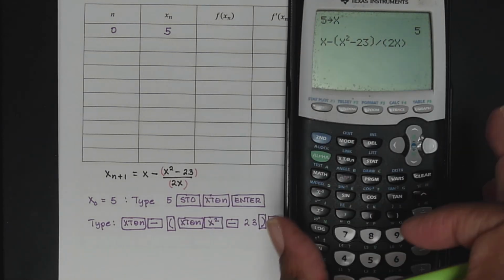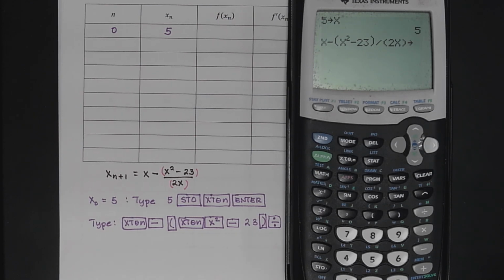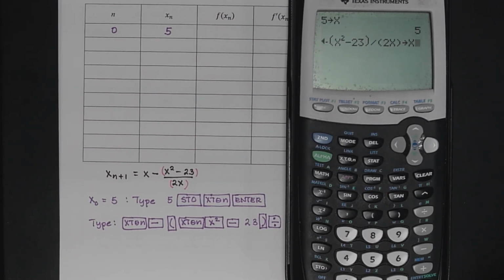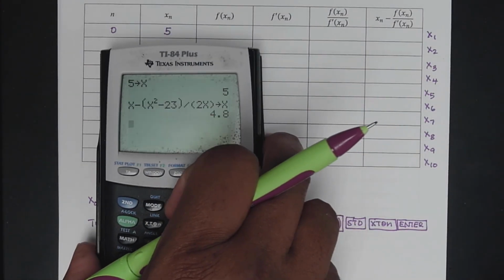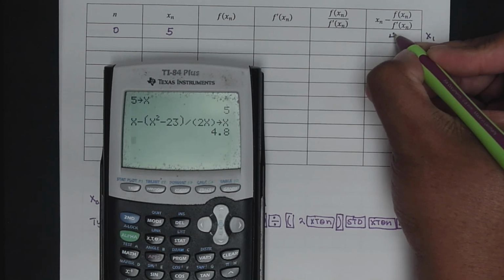Now, this expression we are going to store, so we press STO to store it. It'll give you the arrow, and then press X, because all that's going to be stored in X, and then finally press enter. So your first iteration is just simply 4.8. So x1 would be 4.8.